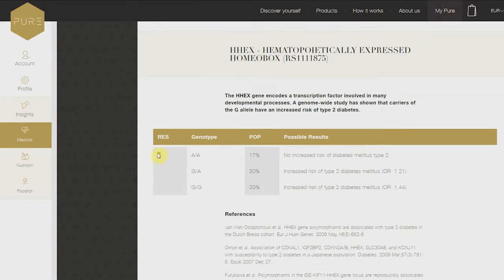In this example, this person has AA, the same as 17% of the general population, and this then explains what it means to you. This means that there's no increased risk of diabetes type 2.